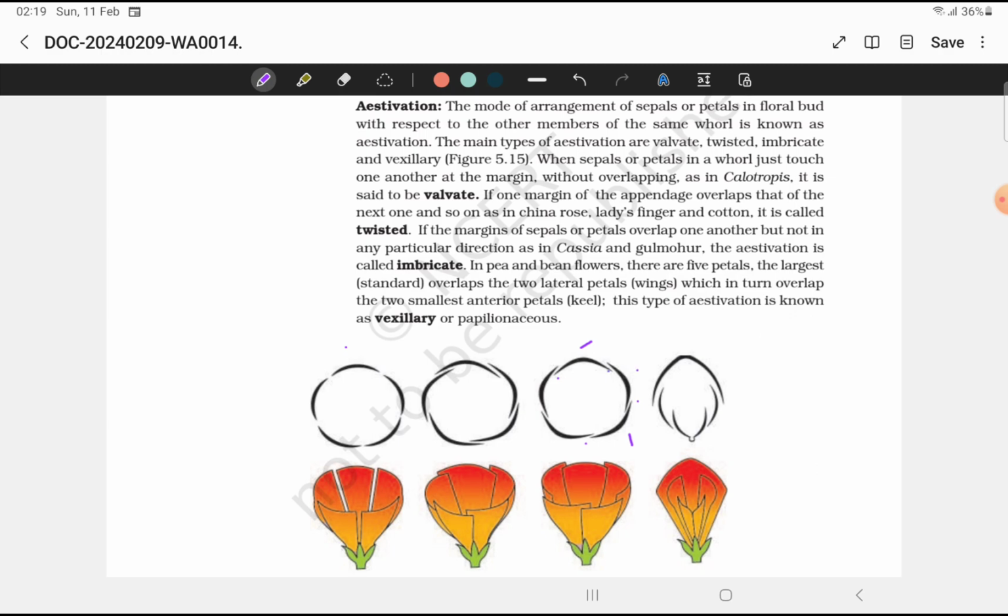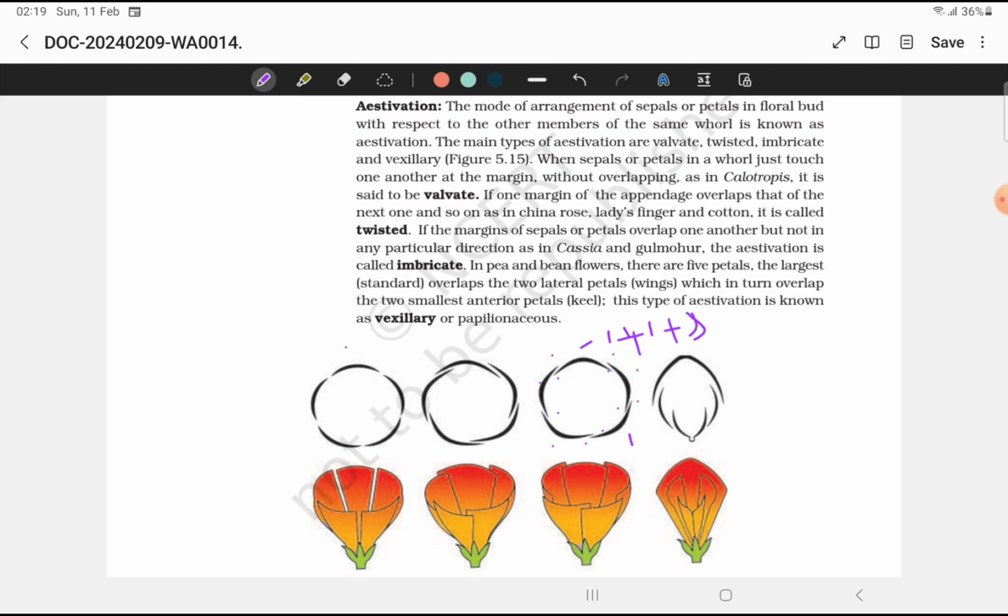And in this category, 1, 2, 3: one is out, one is in, one is in, one is out, one is in, one is out. So you can say that it is 1 plus 1 plus 3. This is the condition of imbricate aestivation. And in case of a pentamerous flower, or a tetramerous flower also, you can see the imbricate aestivation, like in and out, not completely twisted like this.